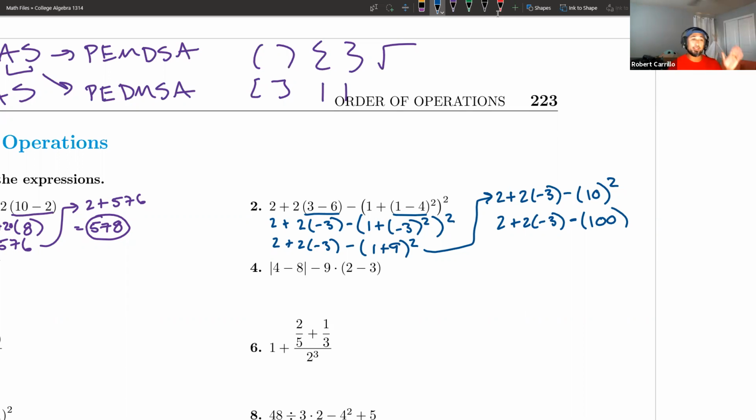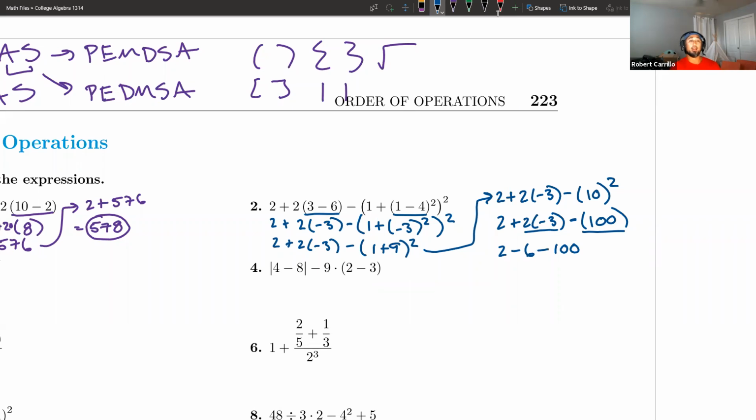And now we've done parentheses, we've done exponents. Next is multiplication. We have this 2 times negative 3, and we have this negative 1 times 100. So we get 2, and then 2 times negative 3 is negative 6, negative 1 times 100 is negative 100.